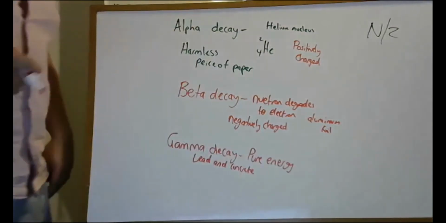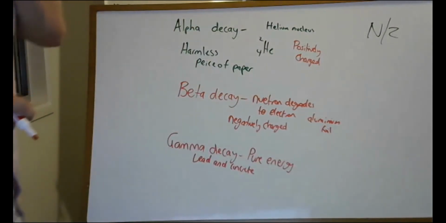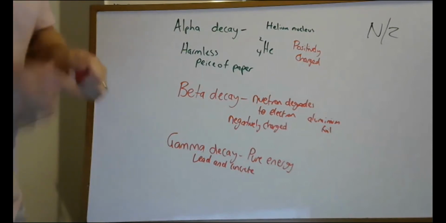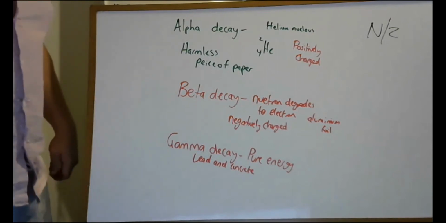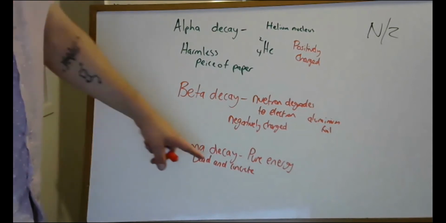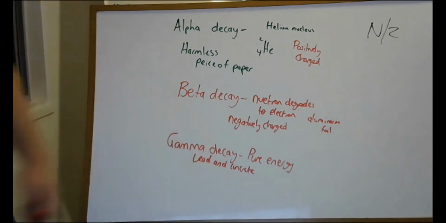the sarcophagus they built for Chernobyl to hold in the radiation has already started to be destroyed after 30 years. And it's now being replaced, because the gamma decay is so high energy. Think of the sun, but kind of the sun on steroids.